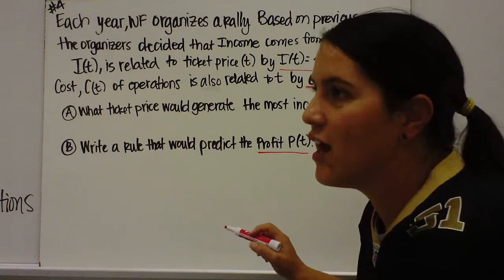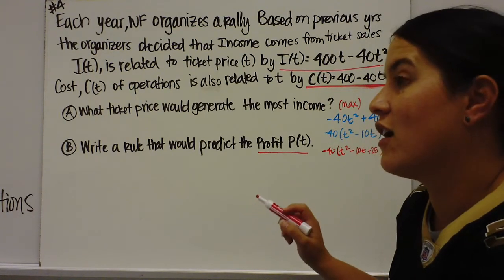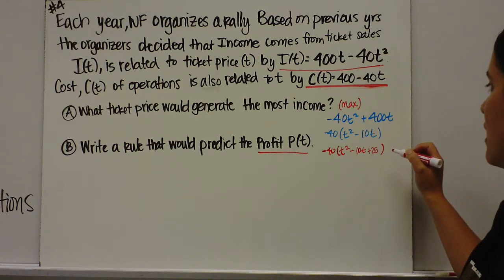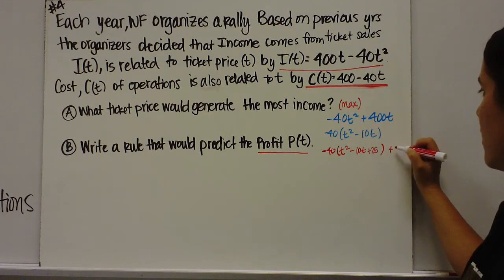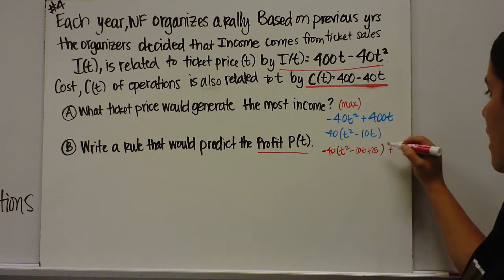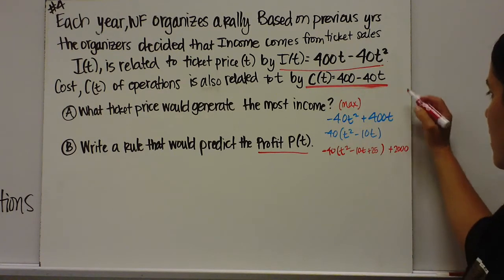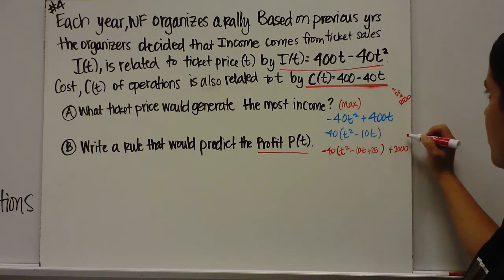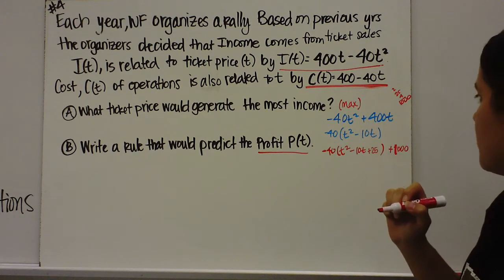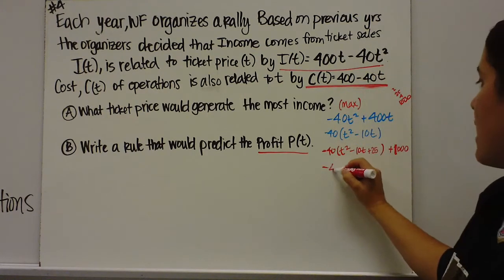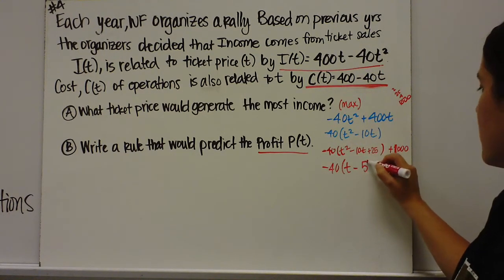Negative 4 times 25 is negative 100, so it would be negative 1,000. So then I would have to add 1,000. Okay, sorry.